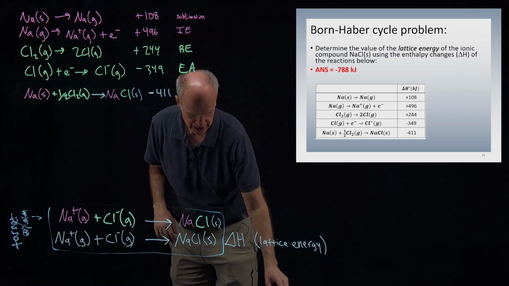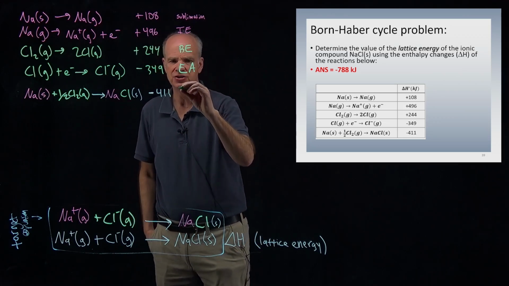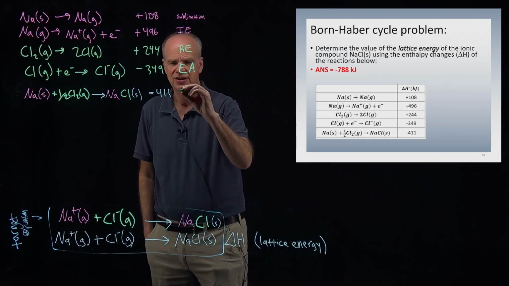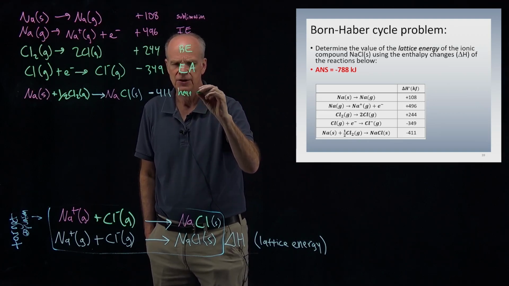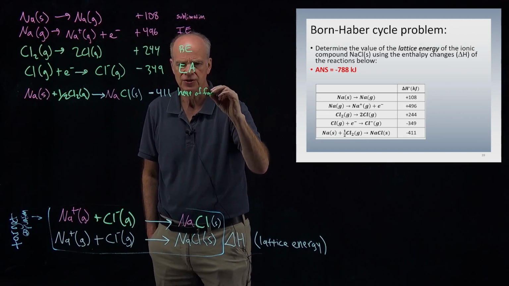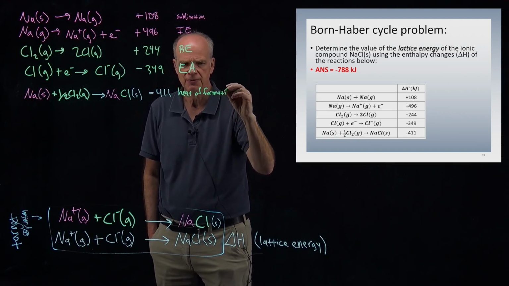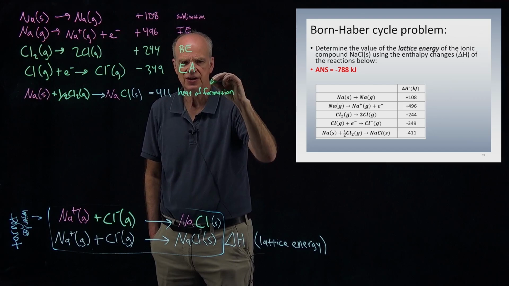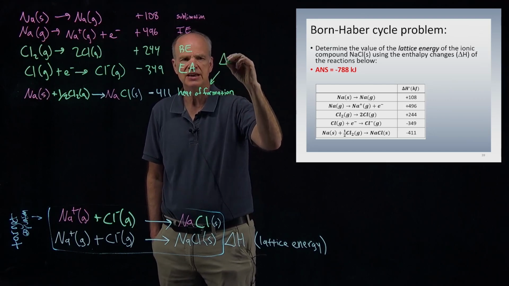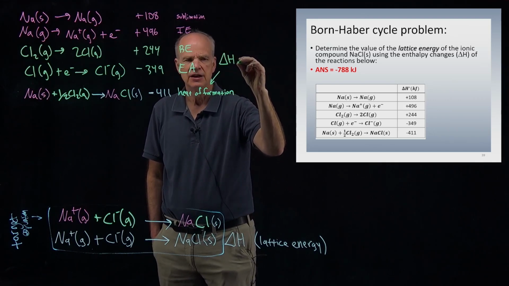Okay, so again, this is heat of formation or enthalpy of formation. This can be written in a lot of different ways. I'll write heat of formation. And just to remind you what this looks like, it's delta H F.